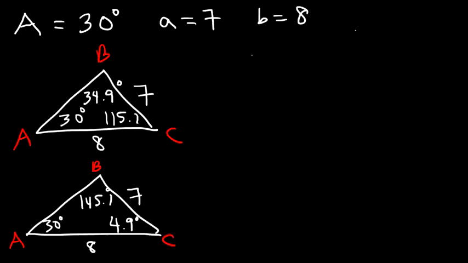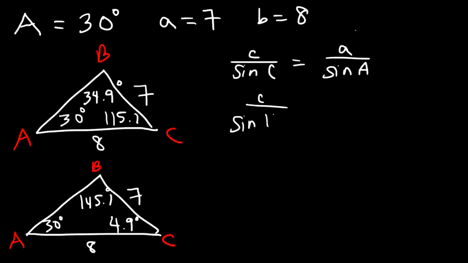So let's use this formula. C over sine C is equal to A over sine A. We don't have the value of C, we need to find it. Angle C is 115.1 in the first example. A is 7, and angle A is 30. So what we need to do is multiply 7 by sine of 115.1, and that's going to equal C times sine 30.